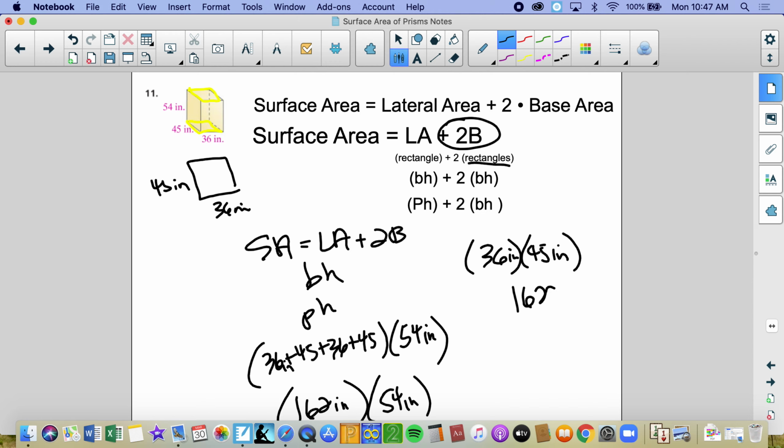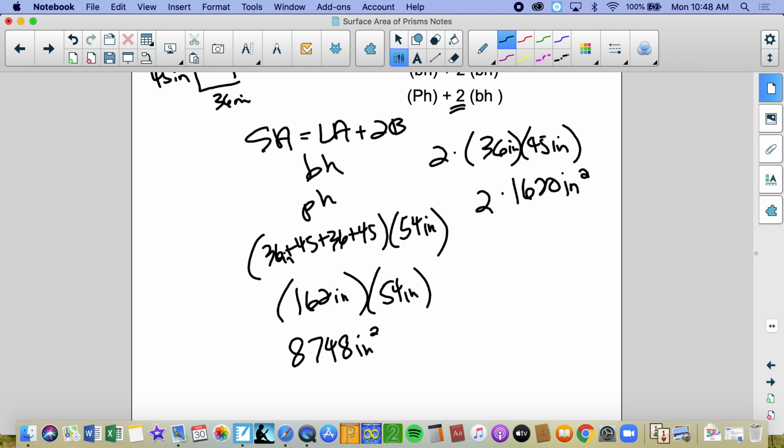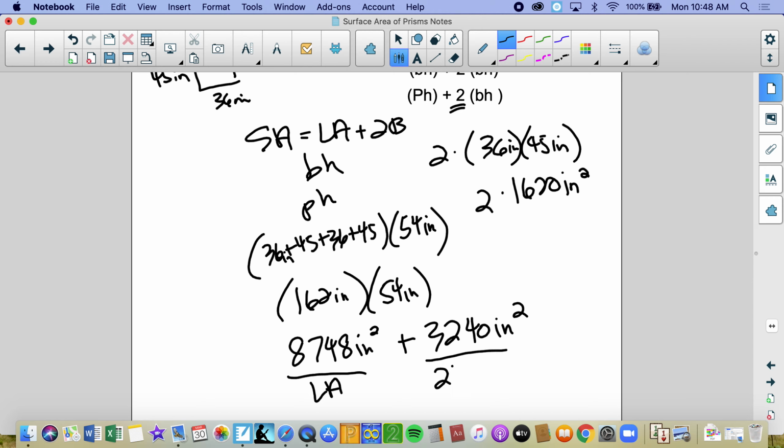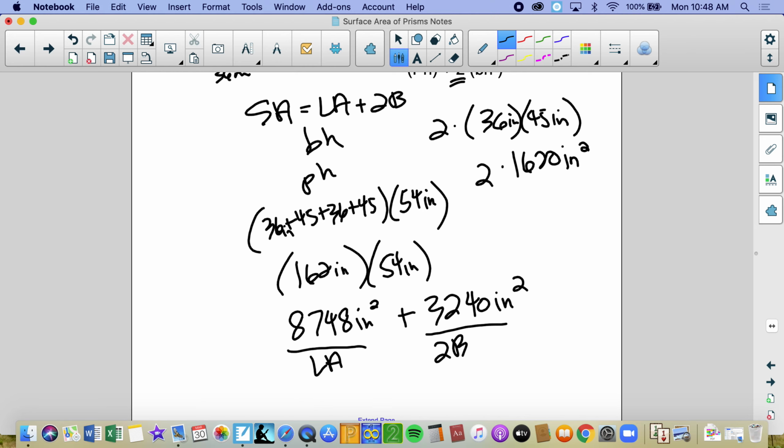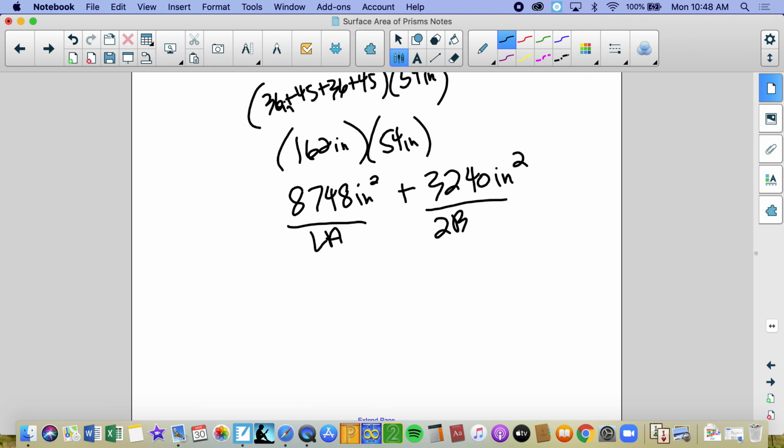1,620 inches squared. And remember, we have two of these, so we're going to have to multiply that by 2. And we get 3,240 inches squared. So this value would be our lateral area, and this value would be 2 times big B. Big B always represents the base area.